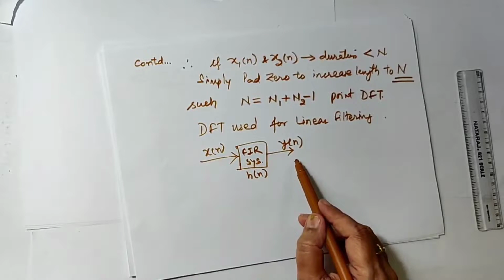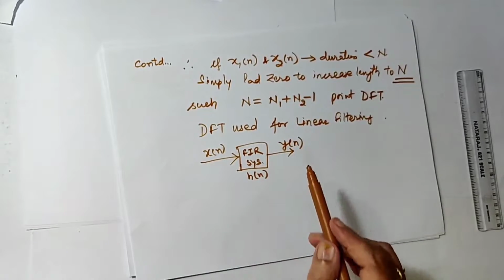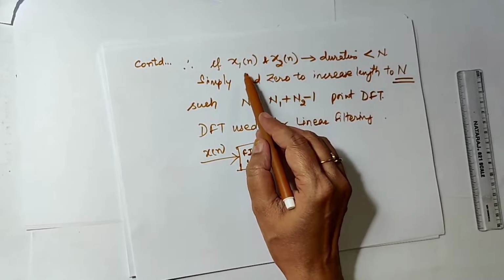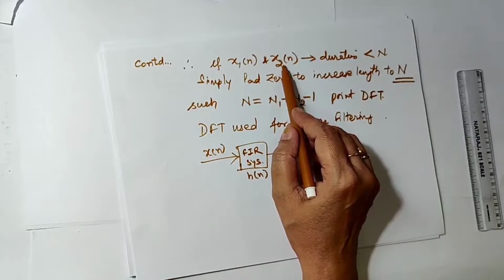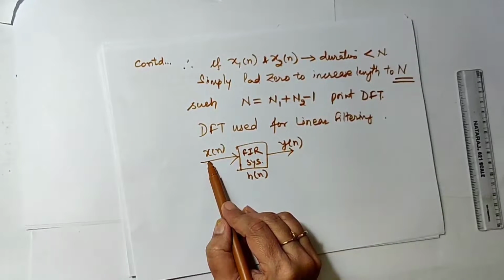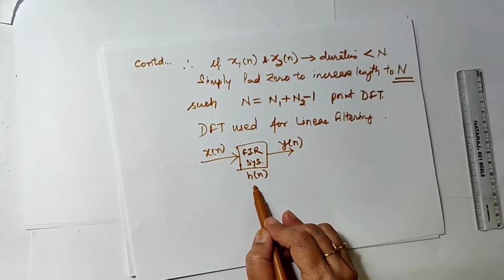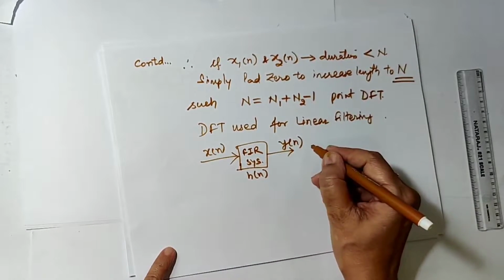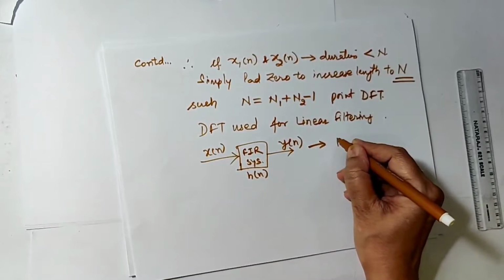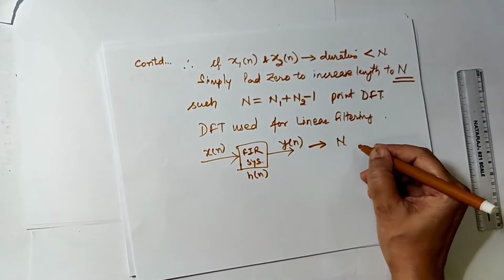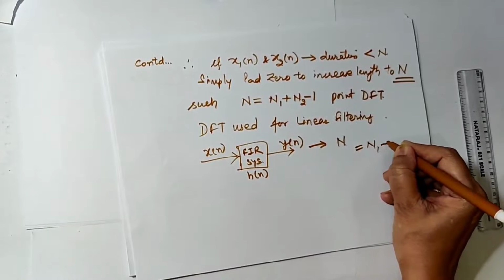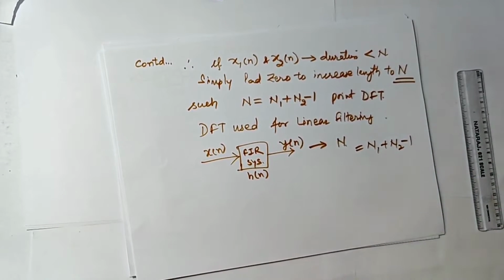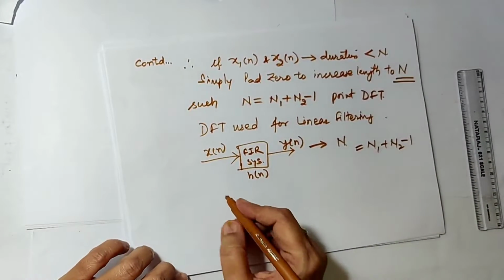So linear filtering means we are dealing with x1 and x2 of unequal length, or x with one length and h with a different length. The convolution y(n) should have the length N, which is equal to N1 plus N2 minus 1. This is the target.